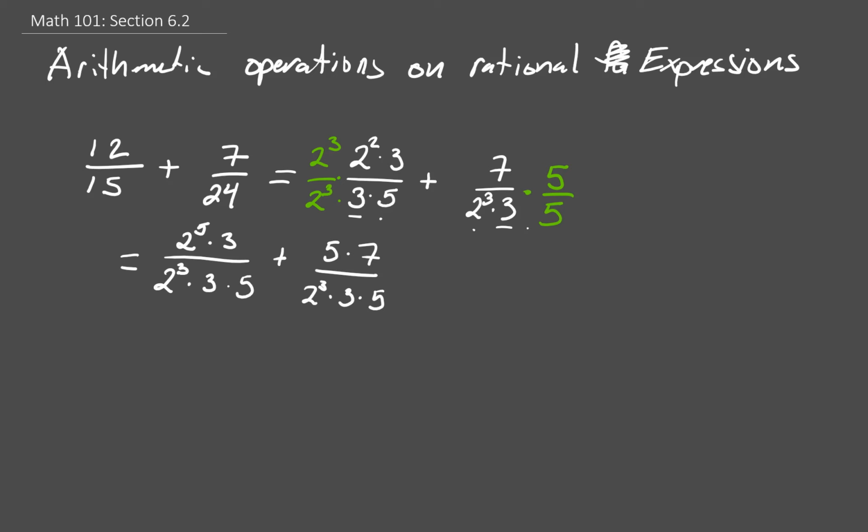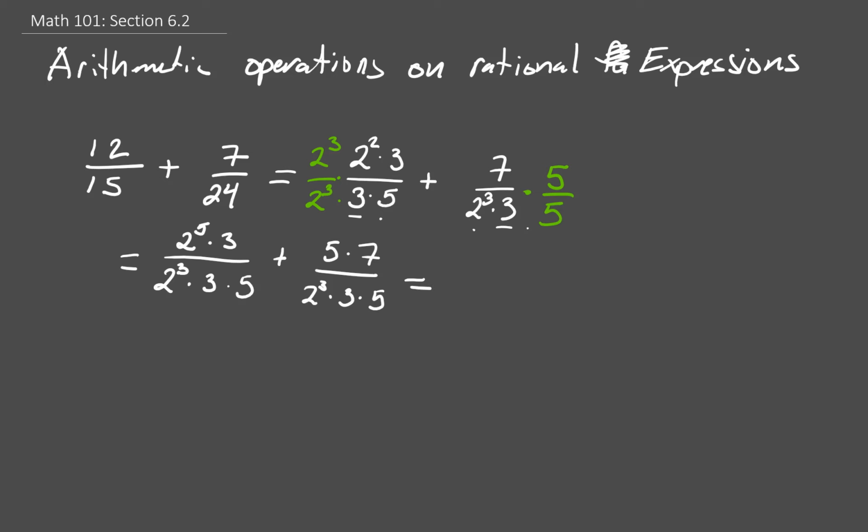And now that we have a common denominator, say for example if it was fifths, I would have some number of fifths plus some other number of fifths. And so those fifths are like units in some sense, like 2 feet plus 2 feet is 4 feet. Well, I've got fifths plus fifths is some other number of fifths. I can just add the tops because that tells me how many of those fractions we have.